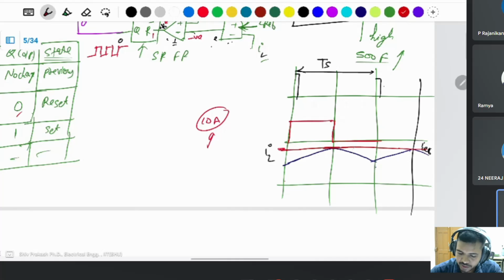If you track this one, then it will be close to 0, and IL starts tracking. If IL is at the same time going there, then it will be tracking exactly the same.